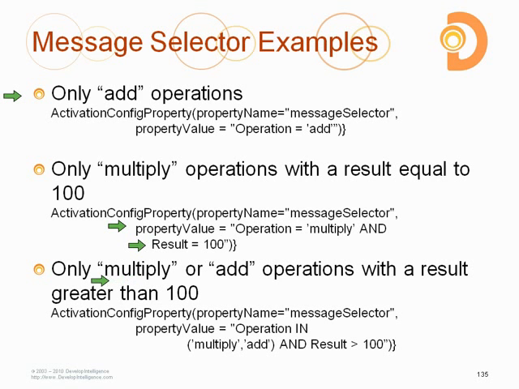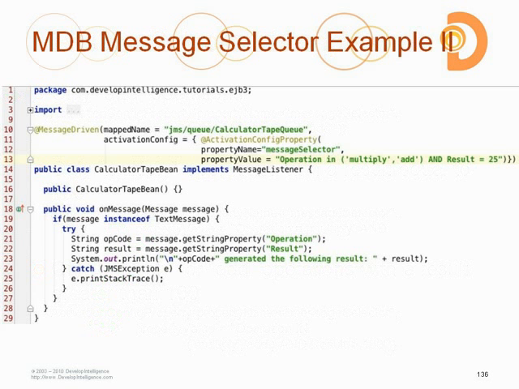And this is a little bit more complex. If the value of the property operation is multiply or add, and the result is greater than 100, obviously I'm going to go ahead and process the message. So just externalizing the filter criteria into some metadata. And there's just a codified example of that.